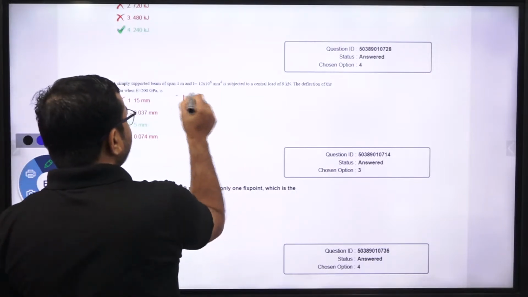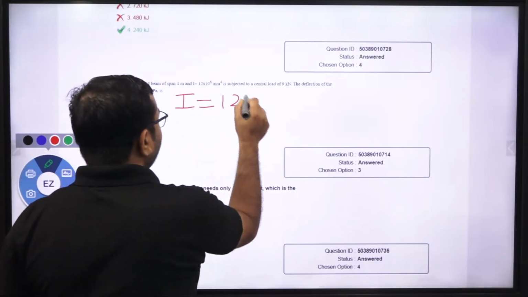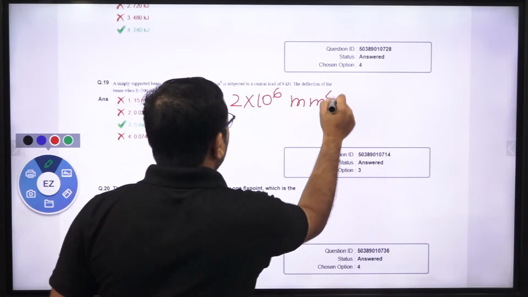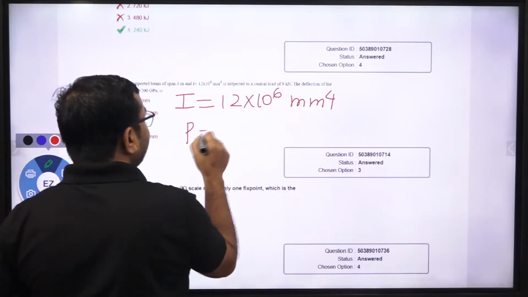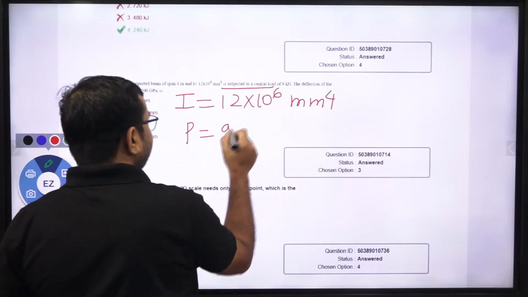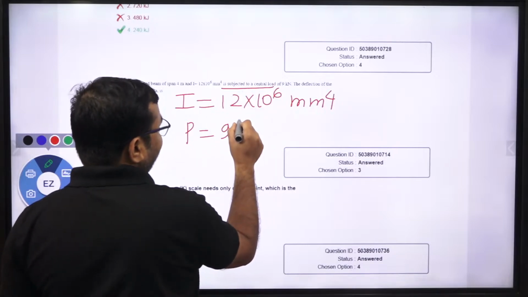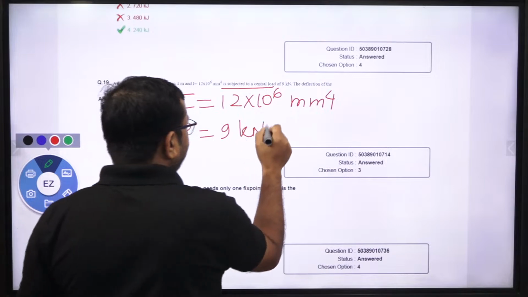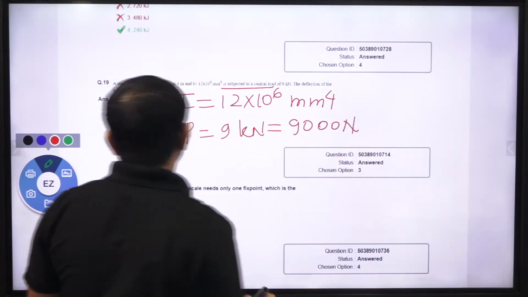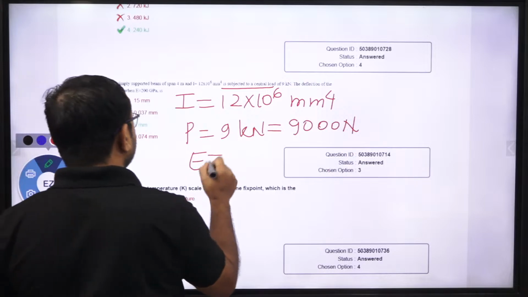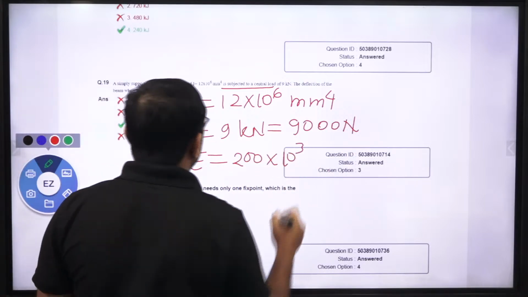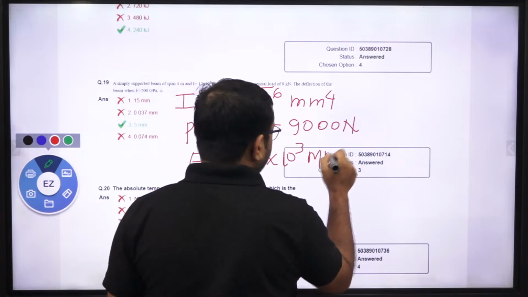So you can see here the moment of inertia is given, that is 12 into 10 to the power 6 mm to the power 4, and the external load is a concentrated load which is acting at the center, that is 9 kilonewton. So simply can I write this is 9000 newton. And what about Young's modulus? This is also given here, 200 GPa. So this is 200 into 10 power 3 megapascal. Yes or no?